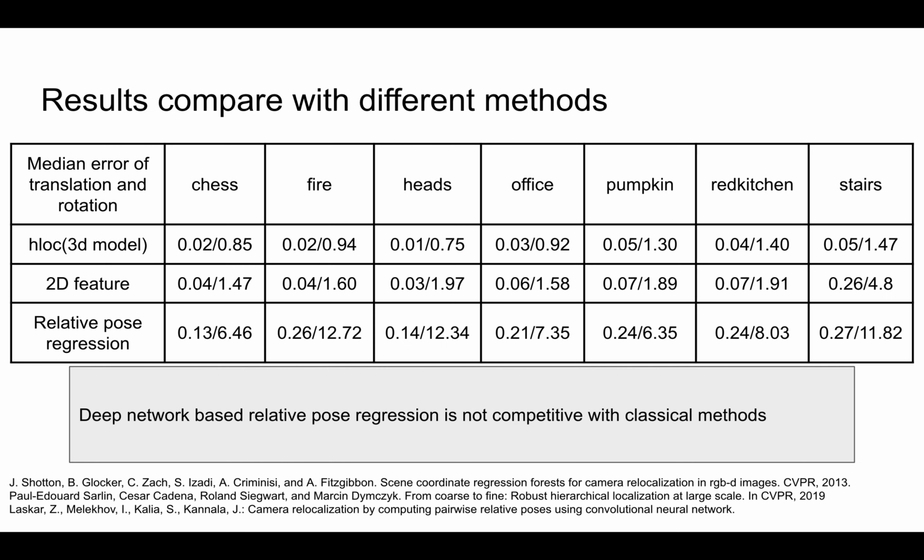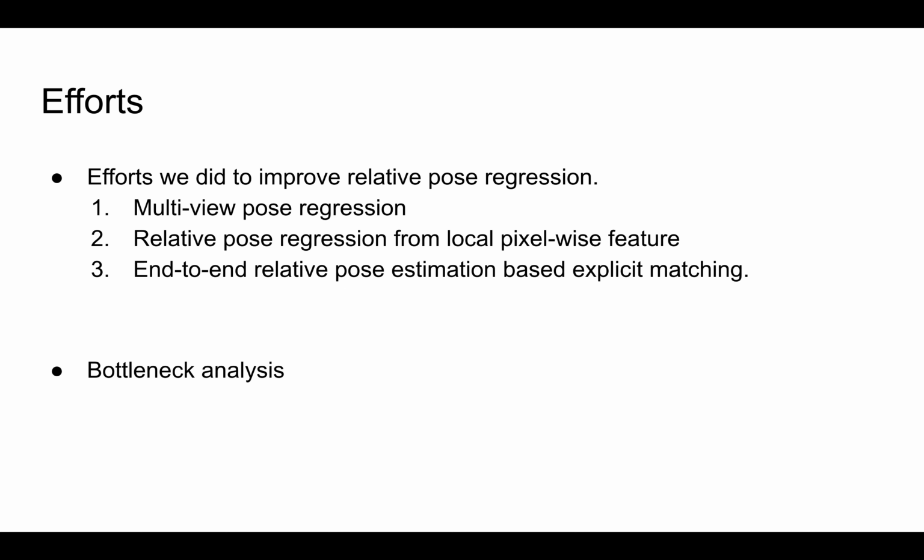However, the deep network-based relative pose regression is still not comparable with the classical method, actually much worse. That's our goal: to come up with a deep network solution that can be comparable with the classical one, and probably have better results in challenging conditions.